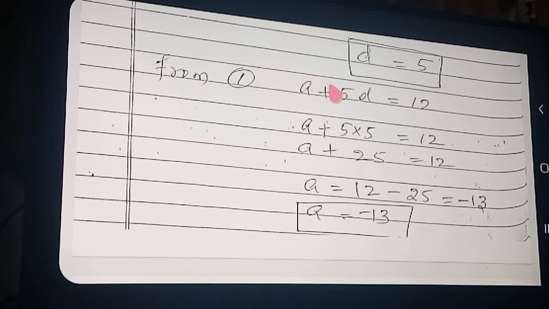So what is your next question? Your question is to find the first 3 terms. Okay. And this D and A you copy first.